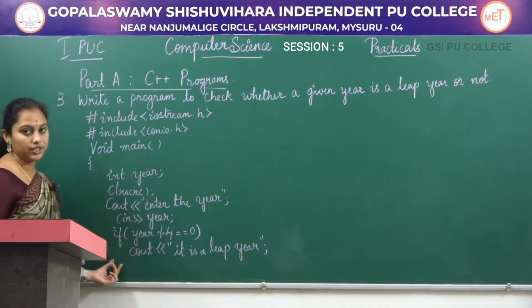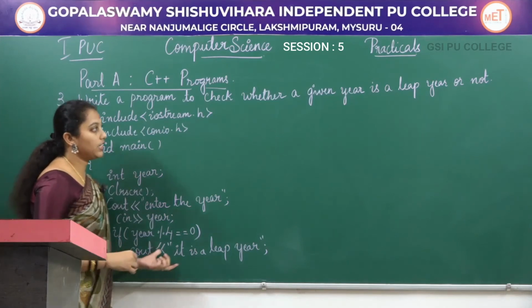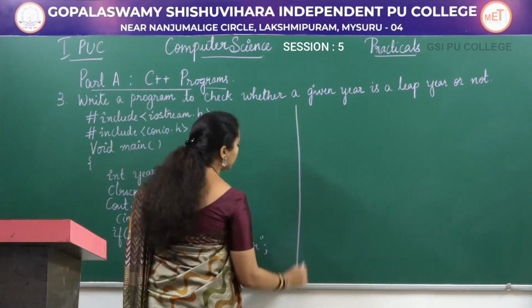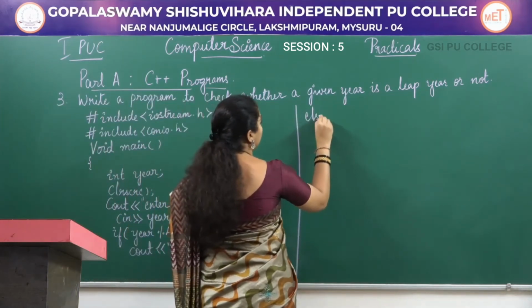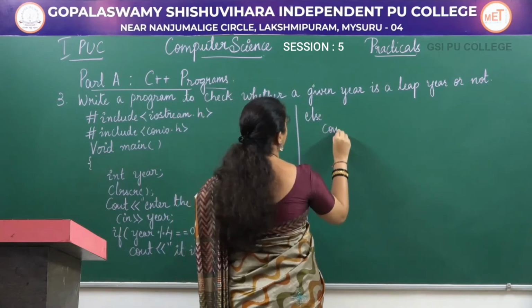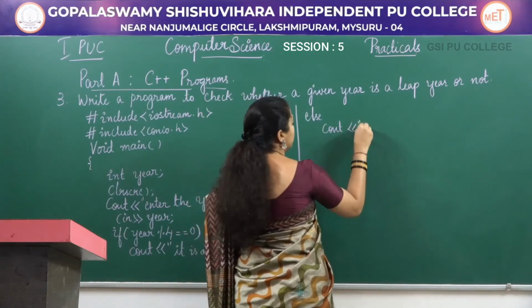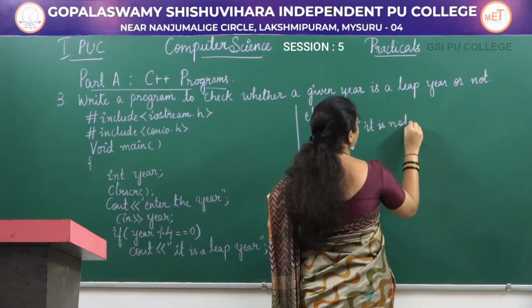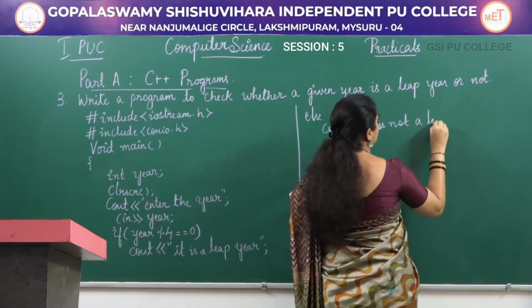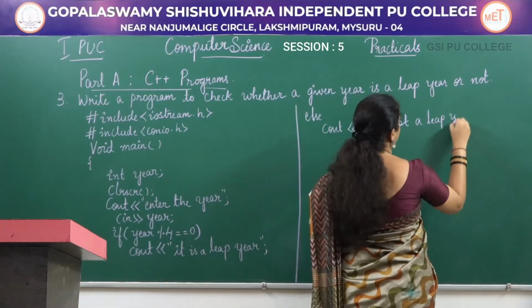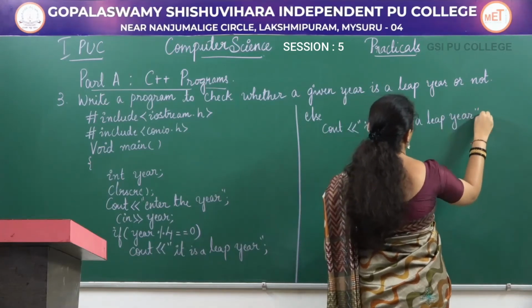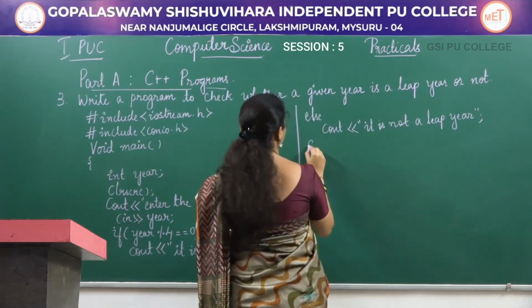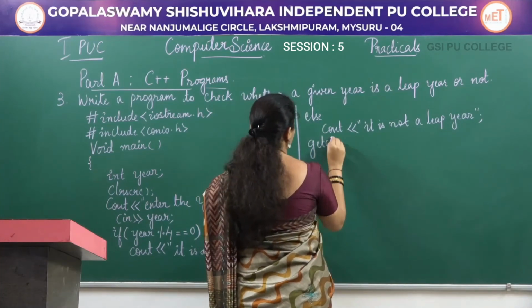If this condition is not satisfied, then in the else part I am going to display that it is not a leap year. Then getch.